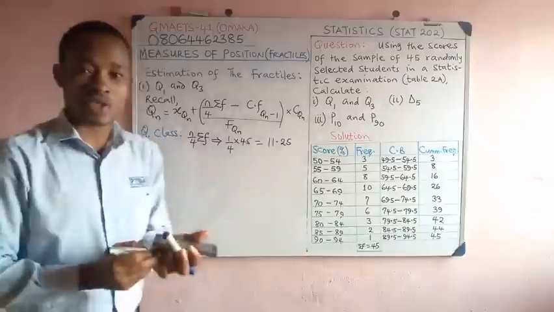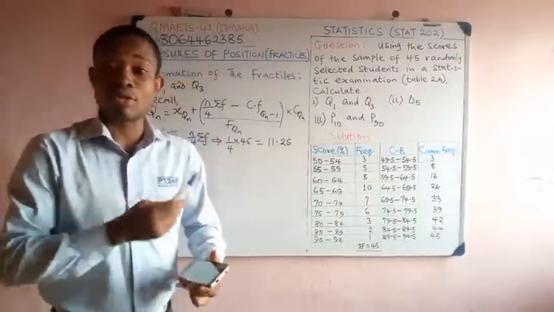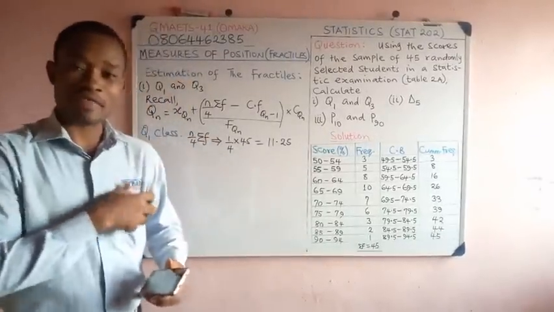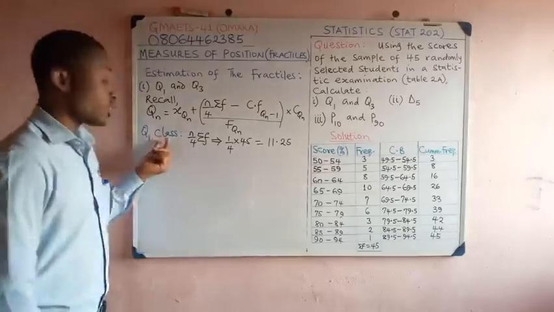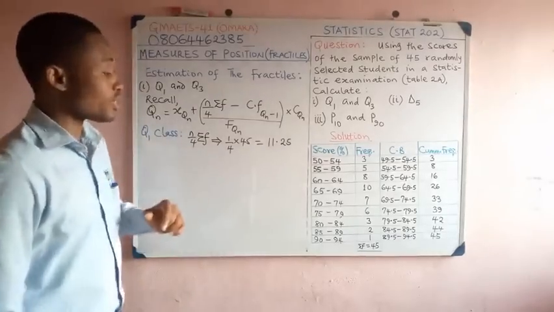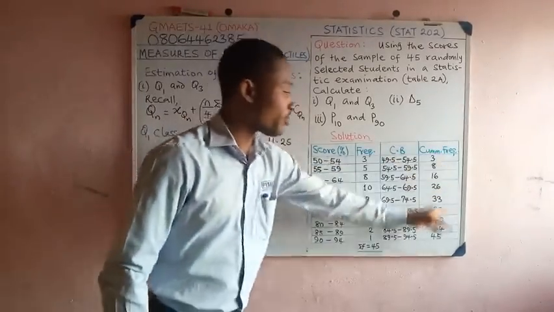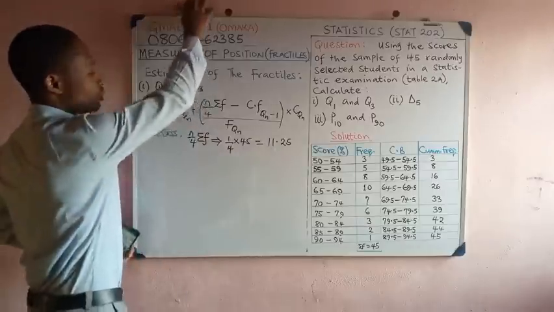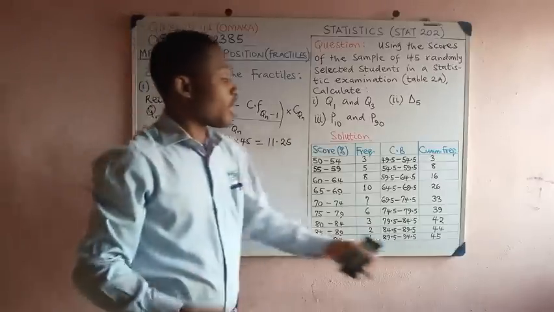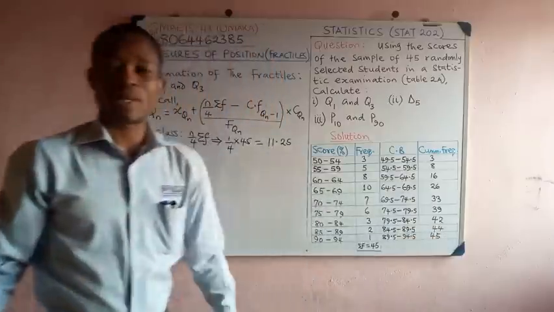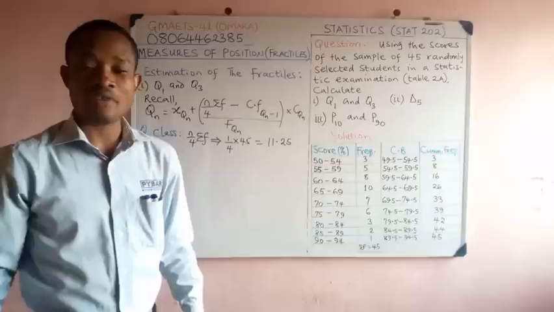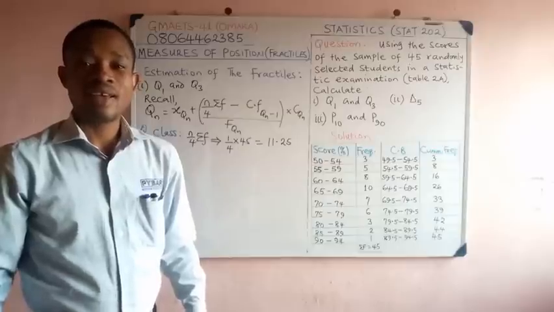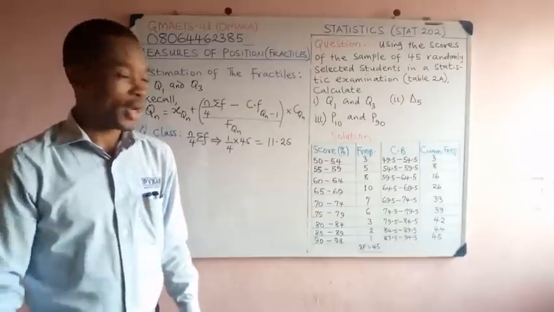Now, get your pen, get your book. Let's see what we have to do with this 11.25. Remember, I want to determine the Q1 class, that's the first quartile class. We shall now go to the cumulative frequency column and see if we can get 11.25. If we see 11.25 in the cumulative frequency column, it means that class is our first quartile class that we're going to use in calculating Q1.